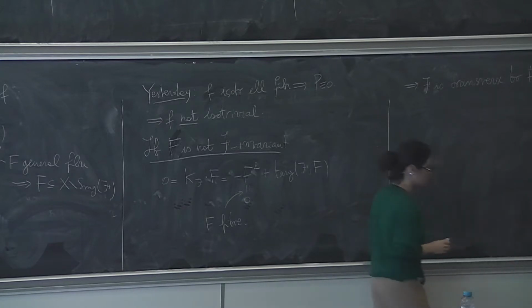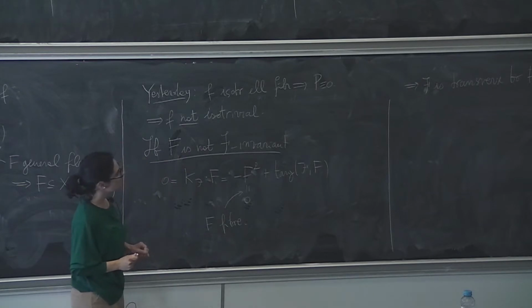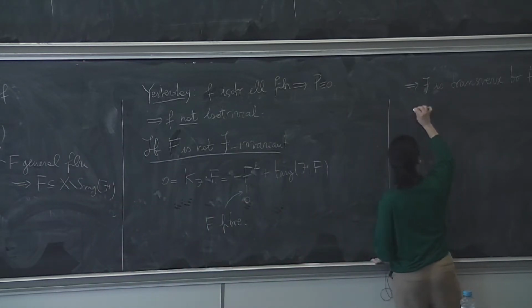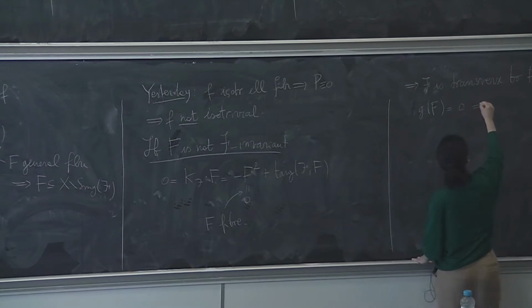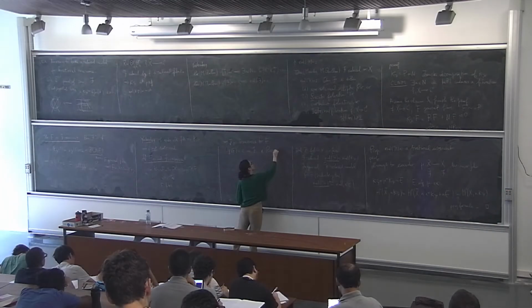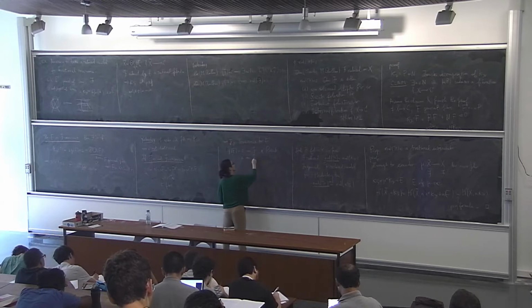And well, as in the example the first day, we have three options, of course. If the genus of F is 0, then the foliation is called Riccati. If the genus of F is 1, then it is a turbulent foliation.